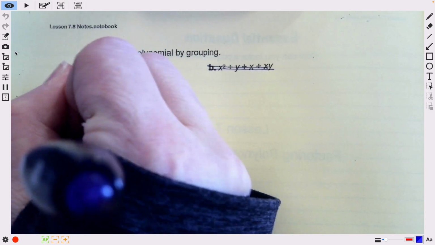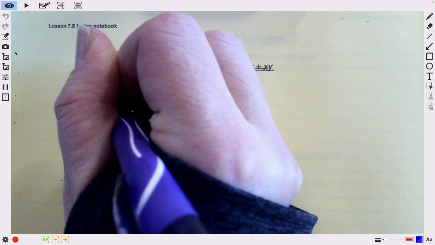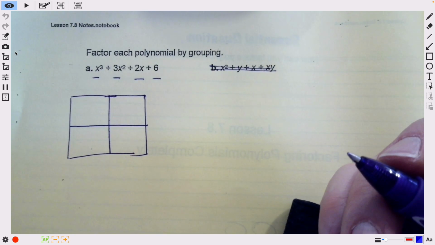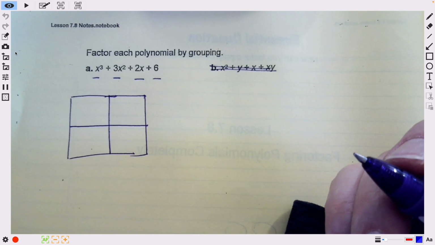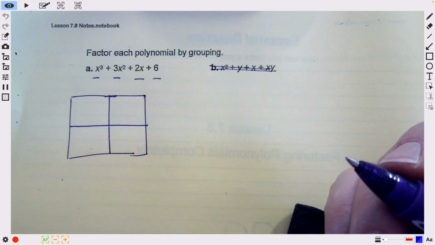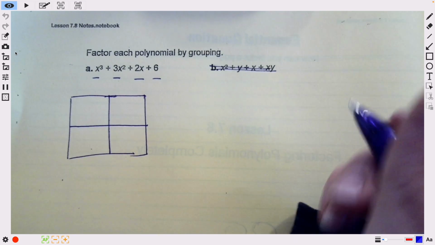What is a little bit of an easier shortcut is actually just to use our little Punnett square box and place each of those terms in one of the squares. I don't believe the order really matters. I would have to check every single order, but I usually just go right in order.